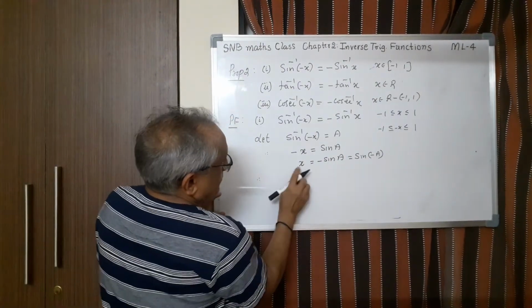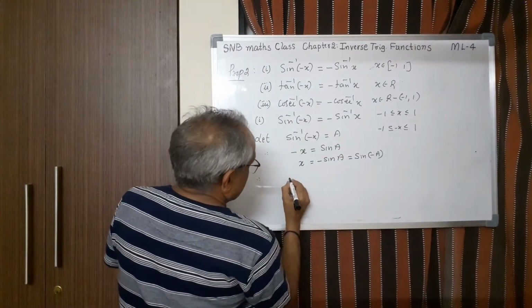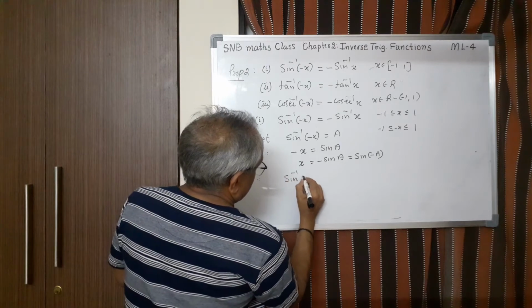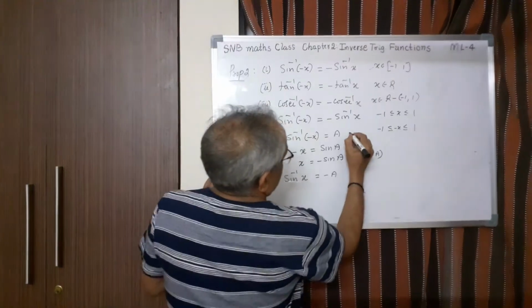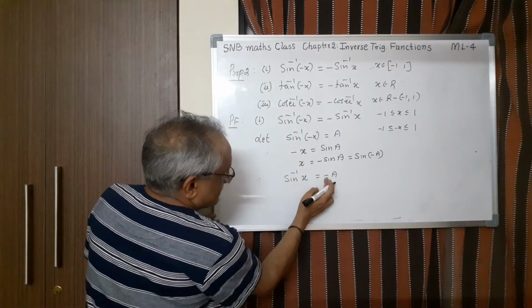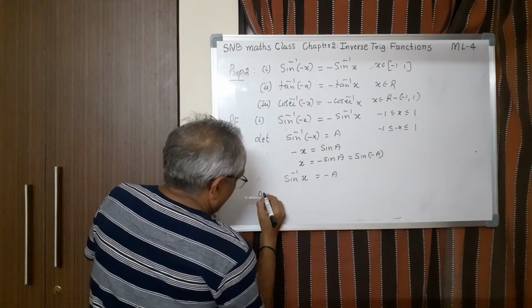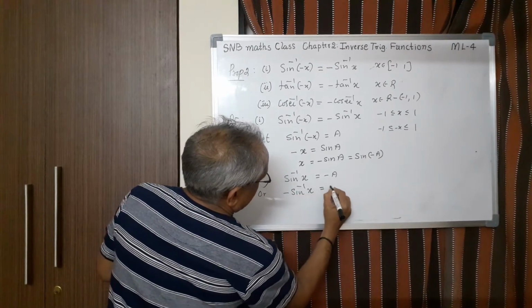Therefore, now this x lies between minus 1 and plus 1. Definitely sine inverse x must be equal to, therefore, minus a. So let us call once again. Therefore, minus sine inverse x will be equal to a.